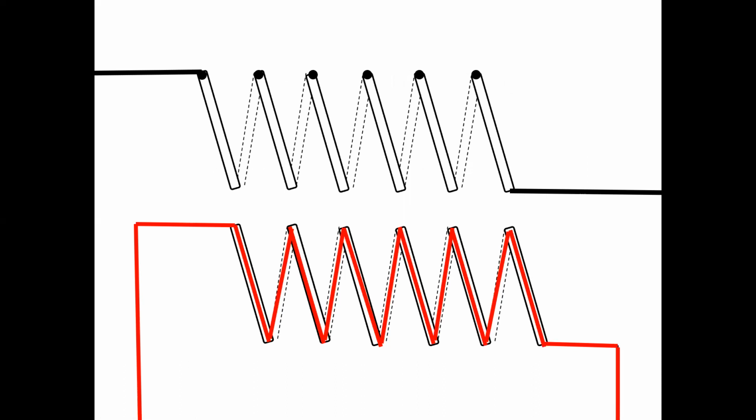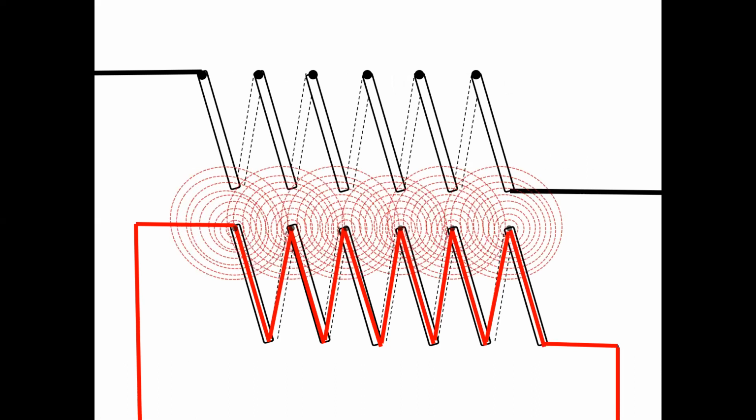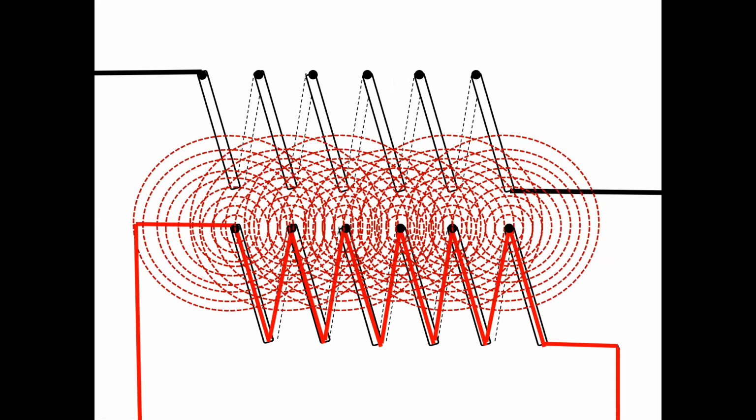Remember, as the current flow increases, we're going to get this increasing or expanding magnetic flux. And what will happen? There's going to be cutting of magnetic flux across the conductors of this secondary winding. And so that secondary winding would then have a voltage induced onto it, and of course, some current that would flow through it.